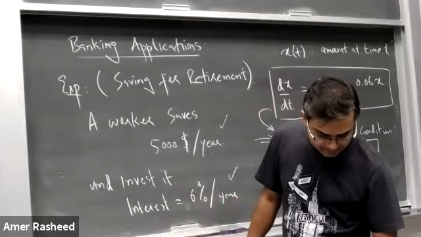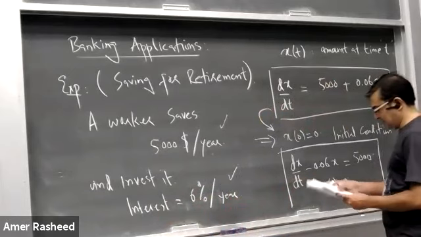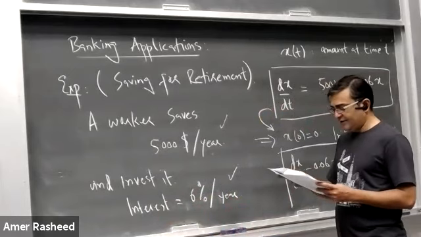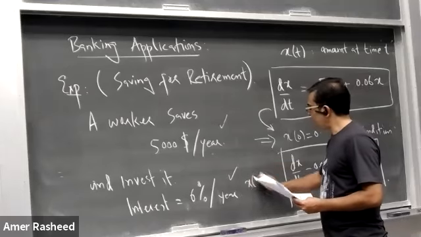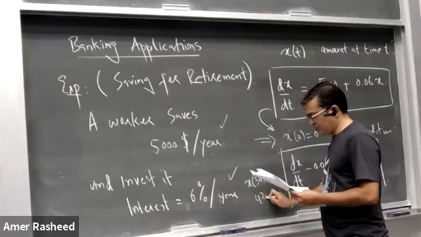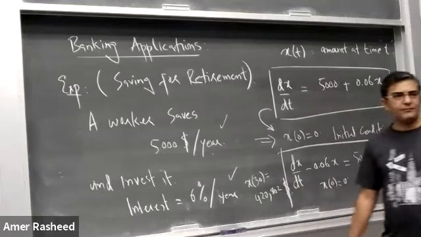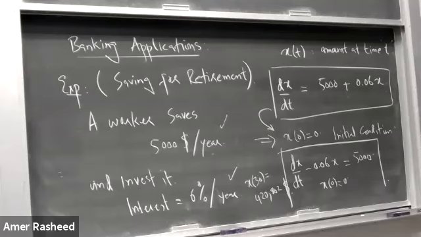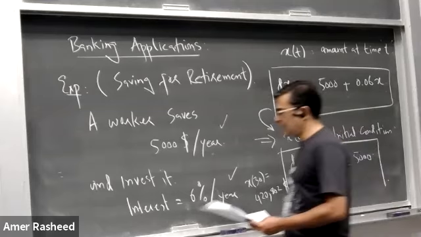And it is how much? x of 30 is $420,802. So this is how we can model saving for retirement.